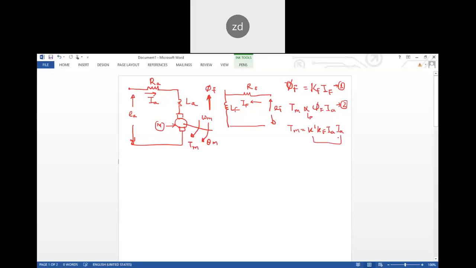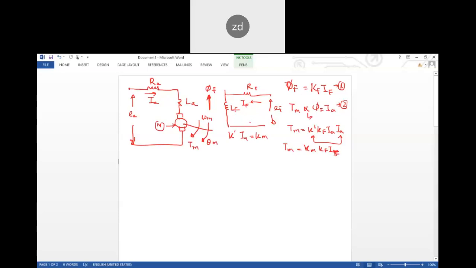So I take these two parts and express the torque value T_m as K_m, where K dash into I_F is K_m. Here there's one mistake, this should be I_F. So this is how my torque is expressed.